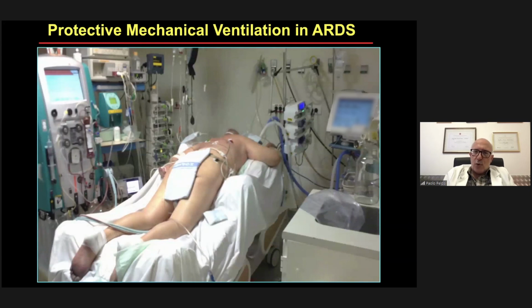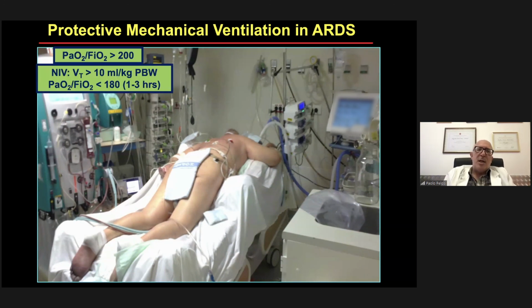So this is to conclude my lecture on how to optimize mechanical ventilation in ARDS before ECMO. If the patient presents PO2 above 200, we can start using non-invasive respiratory support. But when we have higher tidal volume or PO2 below 180, within 1 to 3 hours, we have to move towards more aggressive treatment.